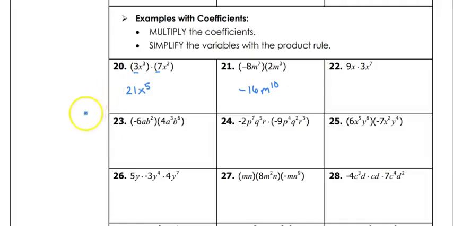Negative 6 times positive 4 would be negative 24. Then when I combine my a's, I have a to the first and a to the third. So 1 plus 3 would give me a to the fourth. And then I'm going to do the b's. I have b squared times b to the sixth. That would be b to the eighth. And that would be my final answer there: negative 24 a to the fourth, b to the eighth.